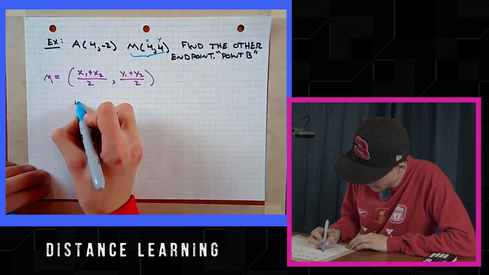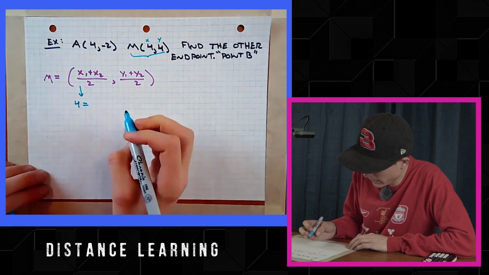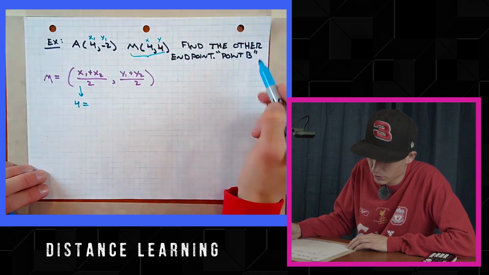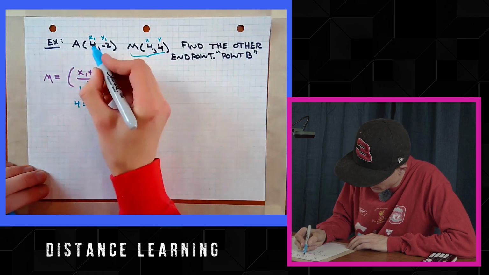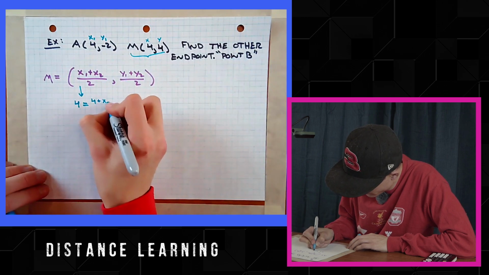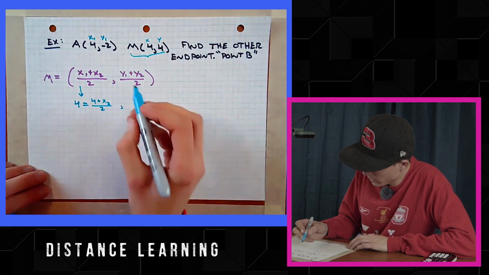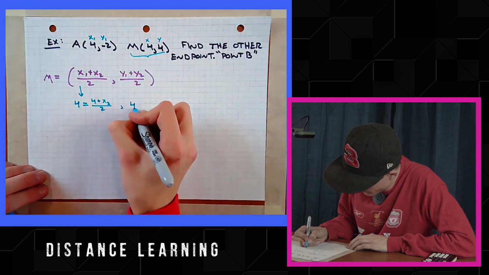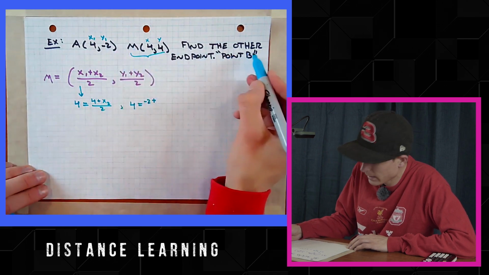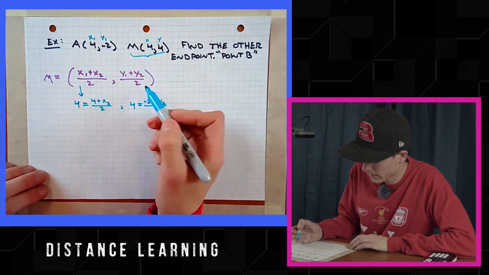So 4 is the midpoint. So if this is going to be my x1, y1, I need to find the x2 and y2. So I know it's 4 plus x2, I don't know, over 2, because that's part of the formula. And then my y-coordinate, right, it's also 4. And that's going to be y1, -2, plus y2, I don't know it yet, over 2, because that 2 is in the formula.